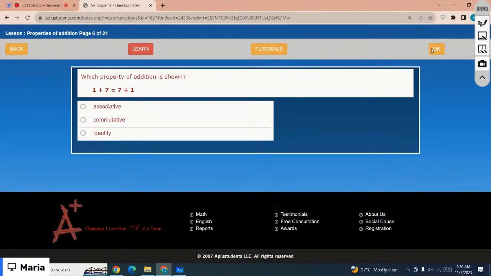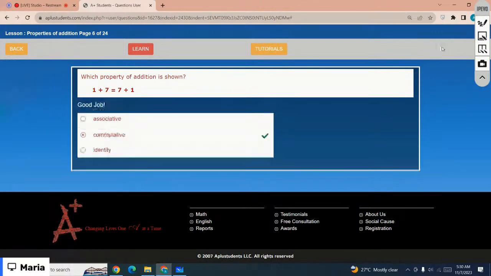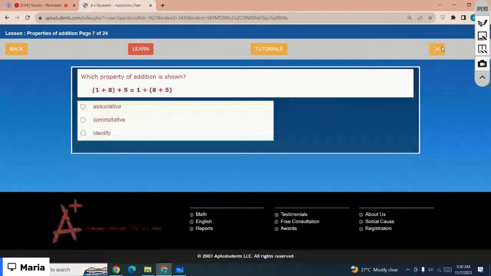The correct option is commutative property it is. Which property of addition is shown, which is the correct option? The correct option is associative property. You have the parentheses involved and 3 numbers involved.